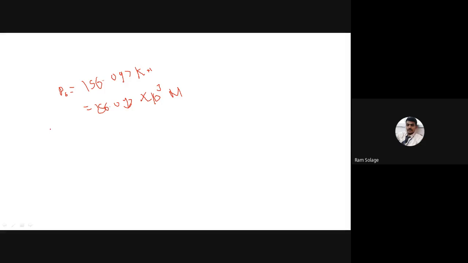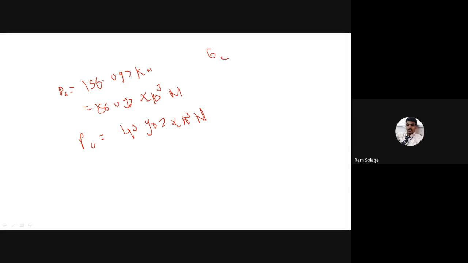It is correct. बरोबर आले काय? नेक्स्ट, PC is equal to 43.902 into 10⁻³ Newton. Correct? Yes, sir. Correct. Very good.